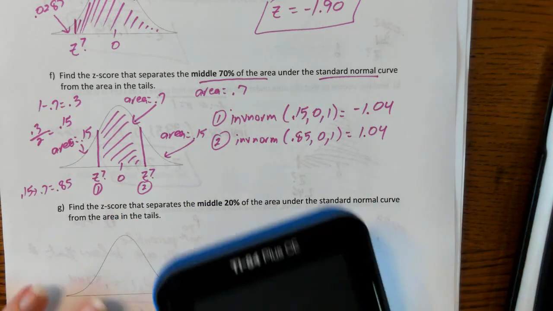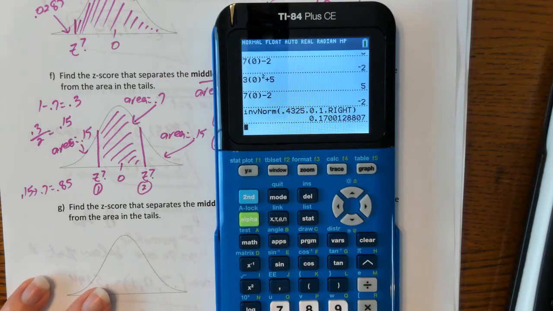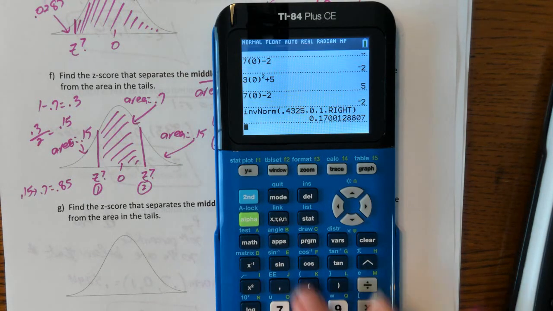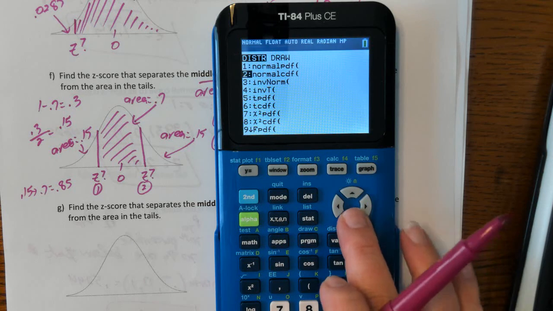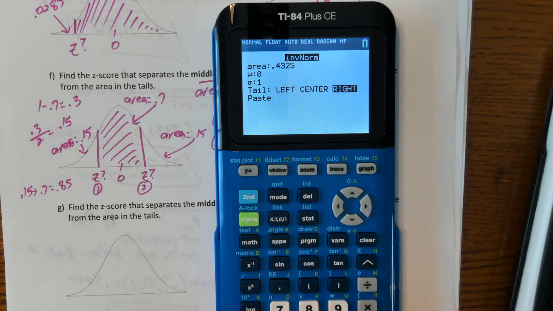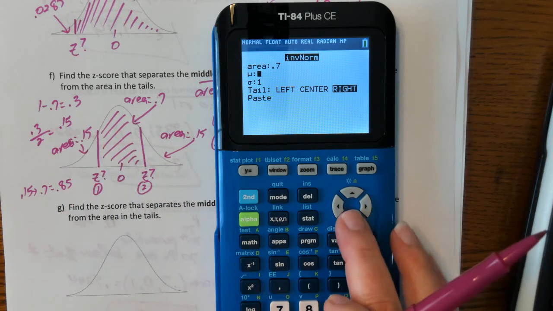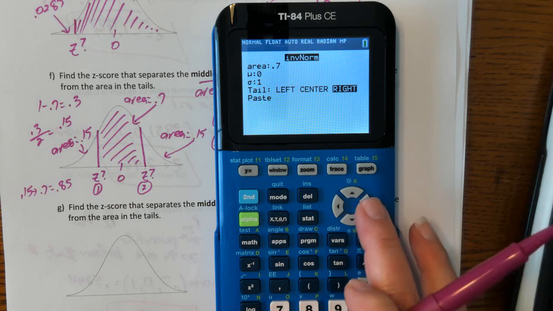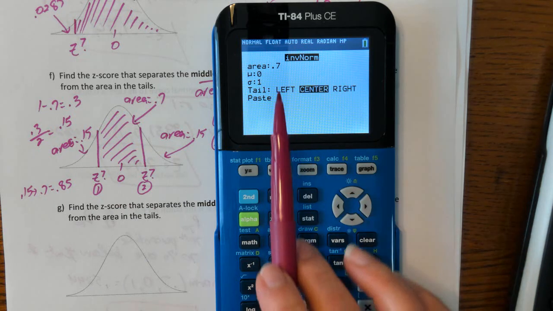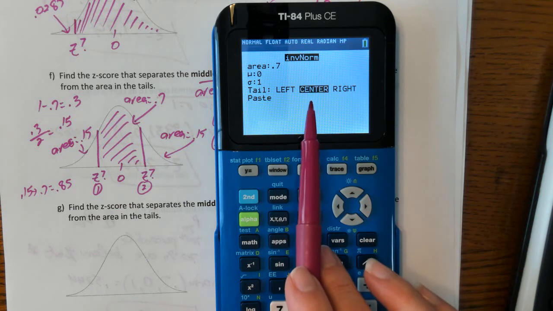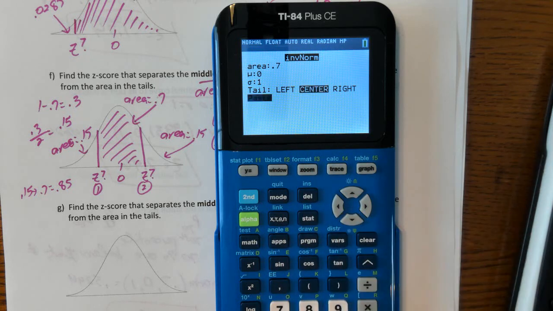Now, this is kind of cool. If you have the newer 84, when you hit second bars and pick your inverse norm, you have the ability to tell it, oh, I had 70%, 0.7 was my area, mean is 0, standard deviation is 1, and then you can tell it, hey, that 70% was in the center, it was in the middle.